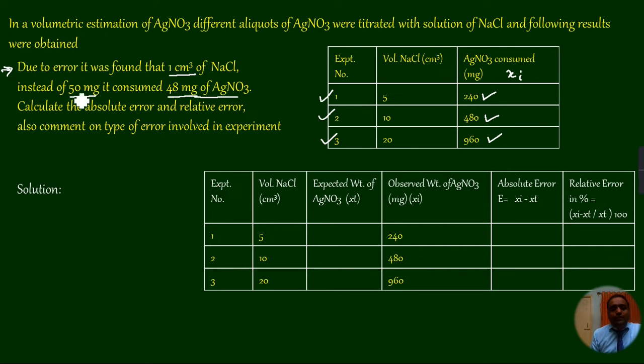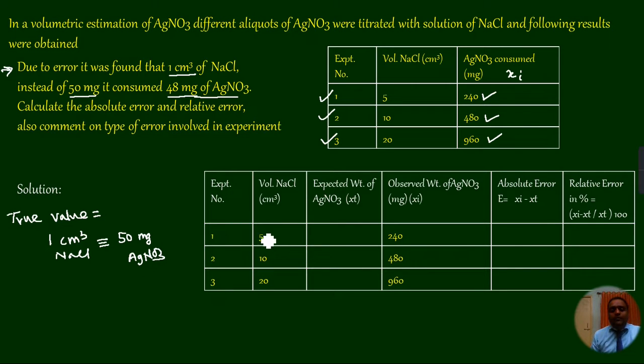True value is given here. 1 cm cube of NaCl should correspond to 50 mg of AgNO3.